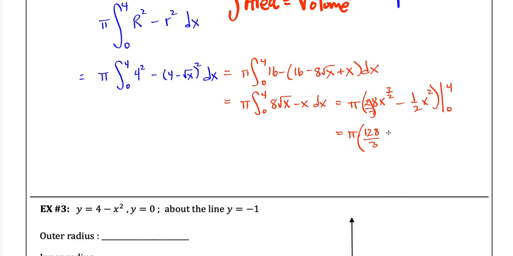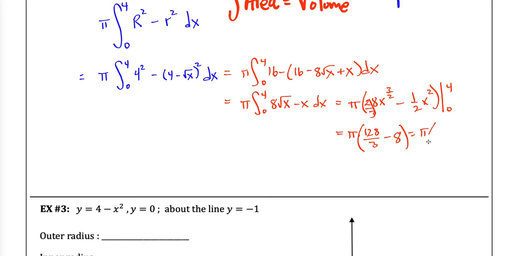And then minus 0? Yep. Okay, 128. On that top there, is that 128? If I did it right in my head. Yeah, that's right.